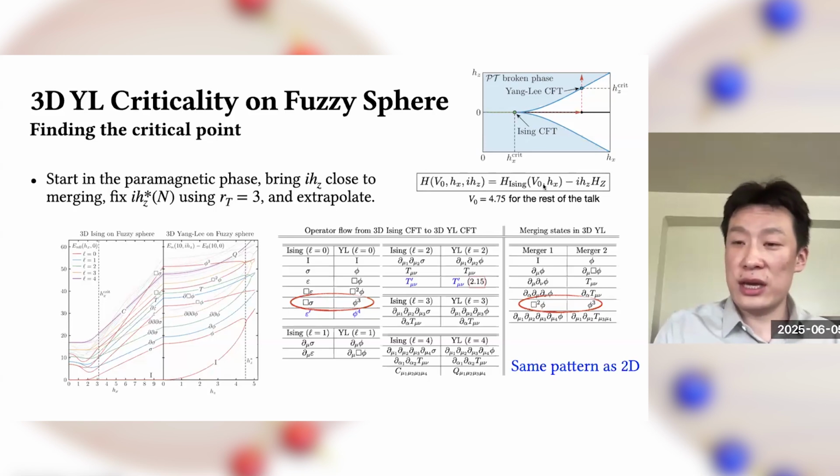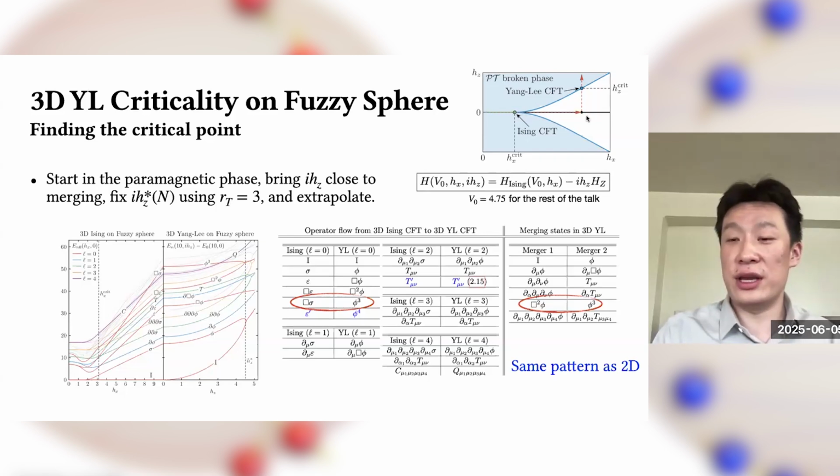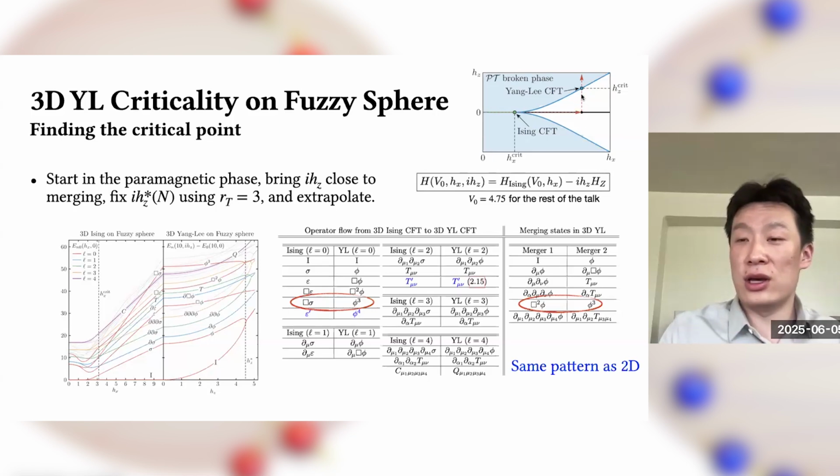There's also this hx parameter, which we take to be above the critical point so that we are in the paramagnetic phase. Then at some large hx, we turn on the z coupling and tune it all the way to the Yang-Lee criticality.